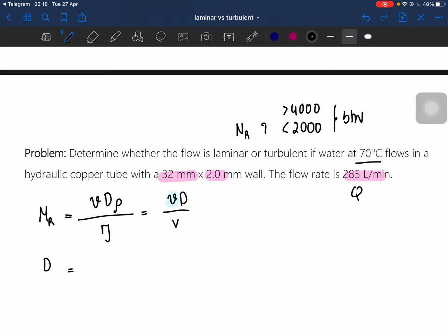So in this case, 32 is like this one, right? And then there's two millimeters wall.